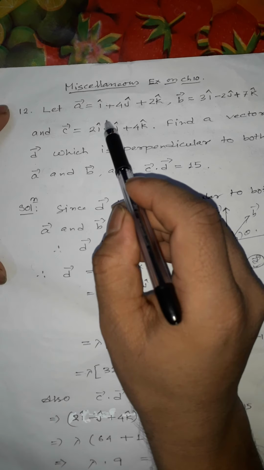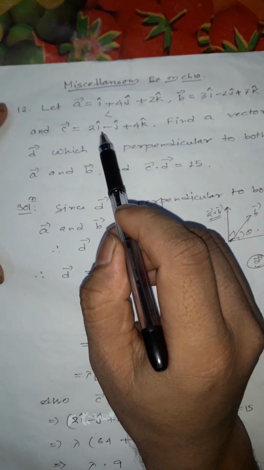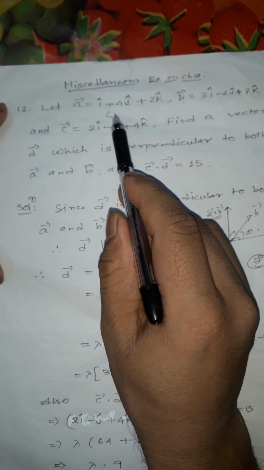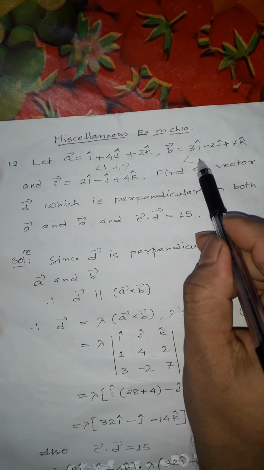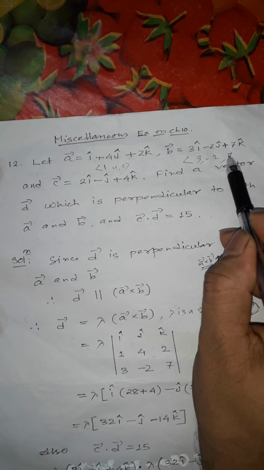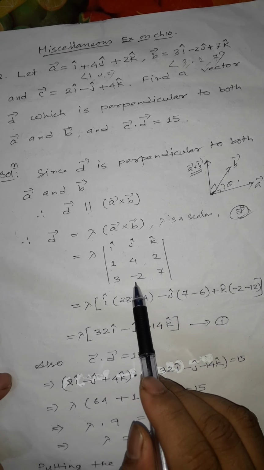So scalar components of vector A are 1, 4, 2, and of vector B are 3, minus 2, 7.